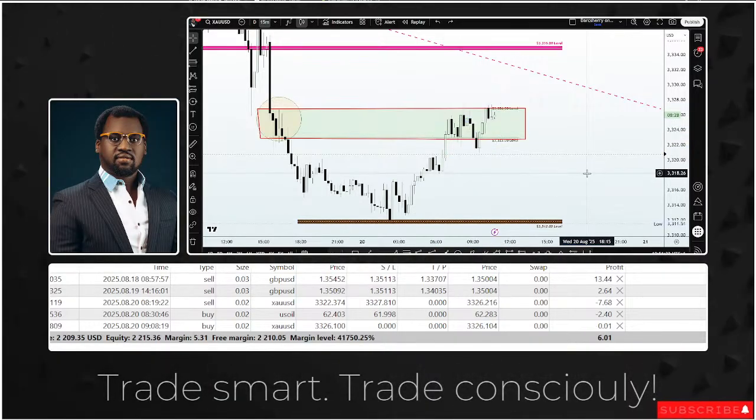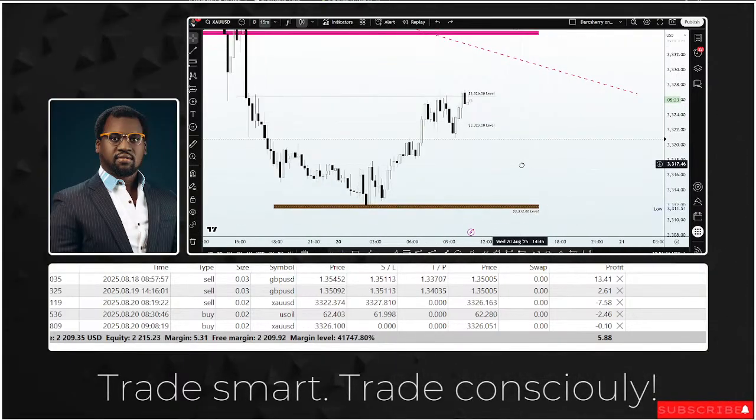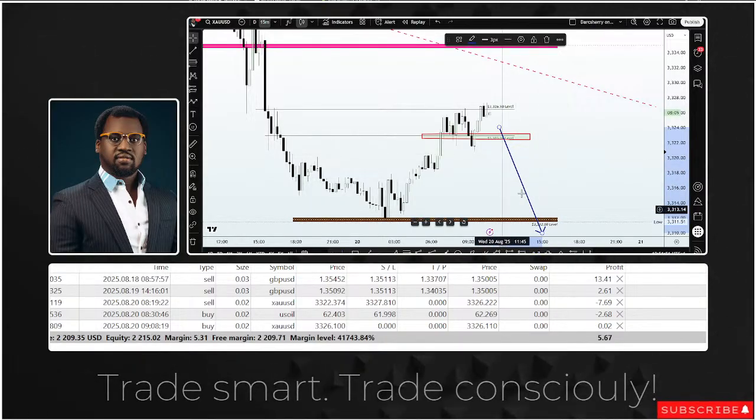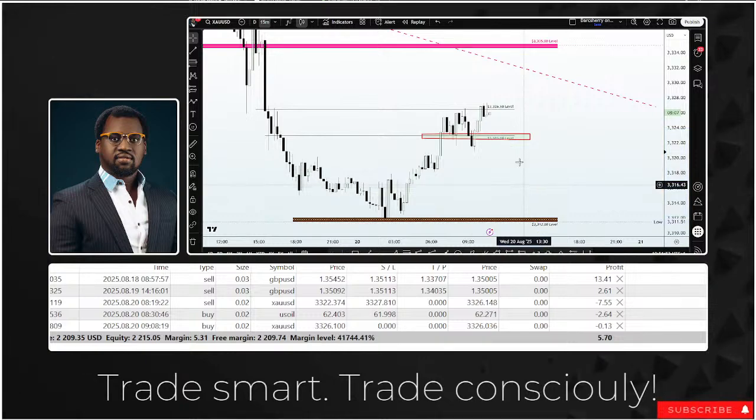Now, how do we navigate here? Well, if we look at it from the perspective of the trend, which is bearish, it's reasonable to consider selling below the 3,323 because a breakdown of that structure could incite the third leg of the bearish move that started this week.